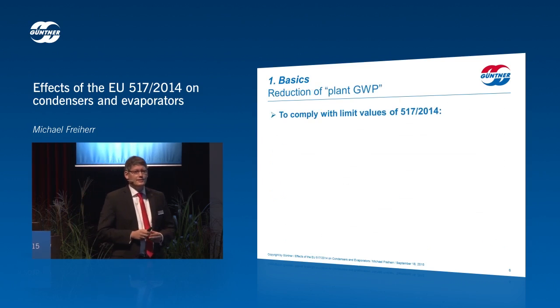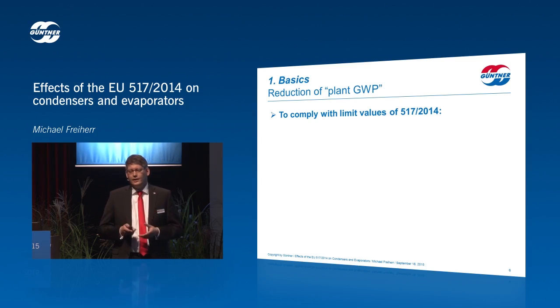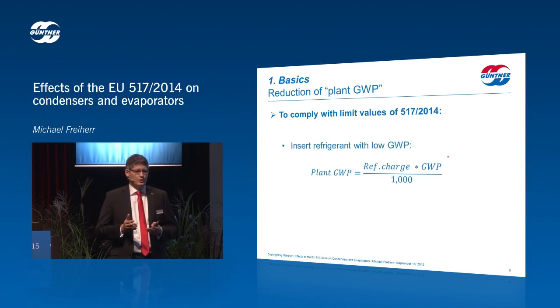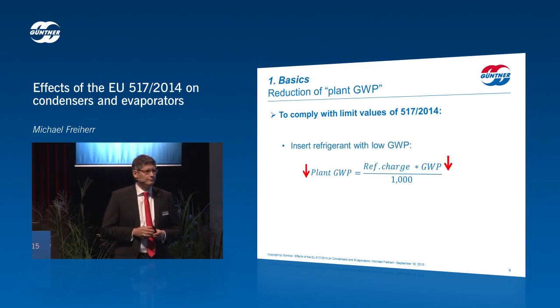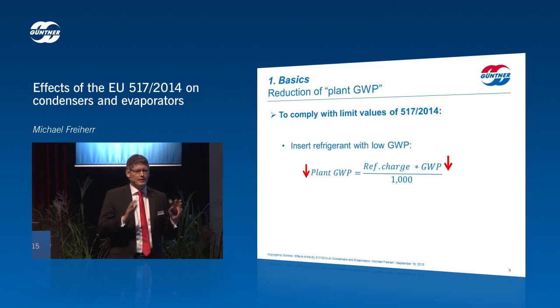In order to reach the limit values, the industry has only two opportunities. Well, first of all, they can use refrigerants with a low GWP. That's clear. And that includes the natural refrigerants, CO2, NH3, propane, water, everything that we've already heard during the previous presentation.